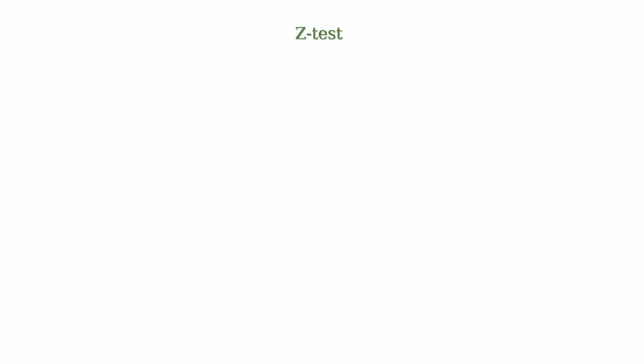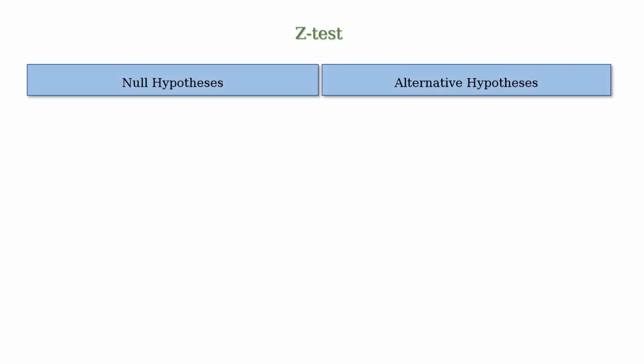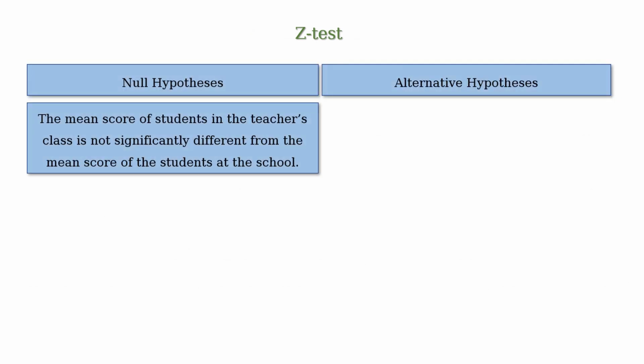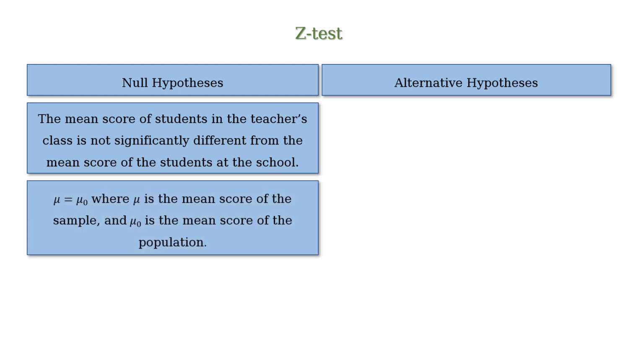So, let's look back at our example. We can state two hypotheses here. The null hypothesis is that the mean score of students in the teacher's class is not significantly different from the mean score of the students at the school. In other words, mu is equal to mu0, where mu is the mean score of the sample and mu0 is the mean score of the population.